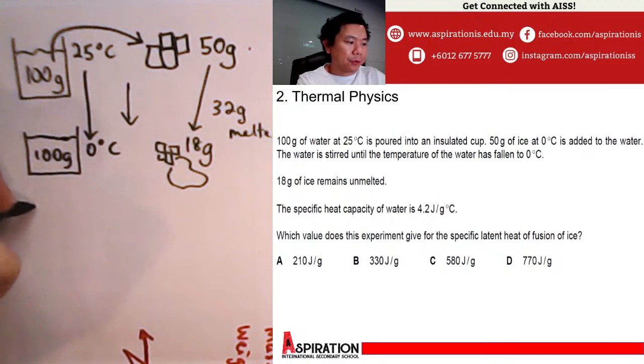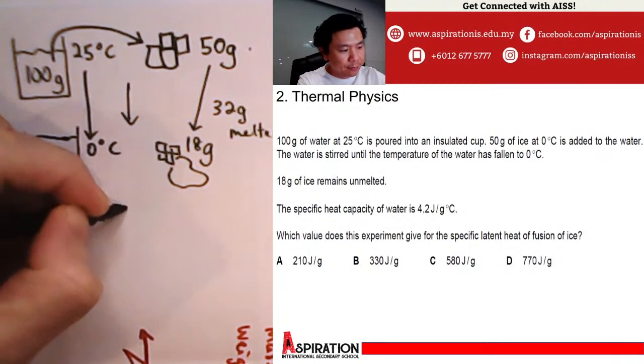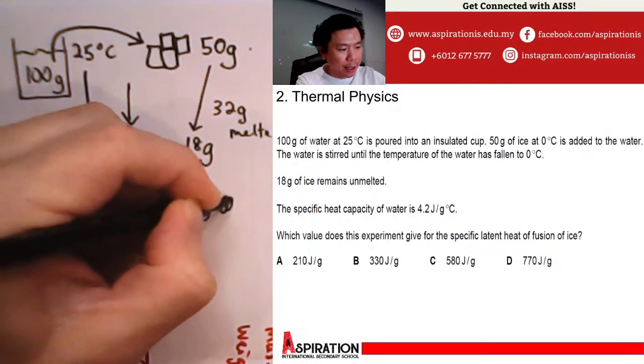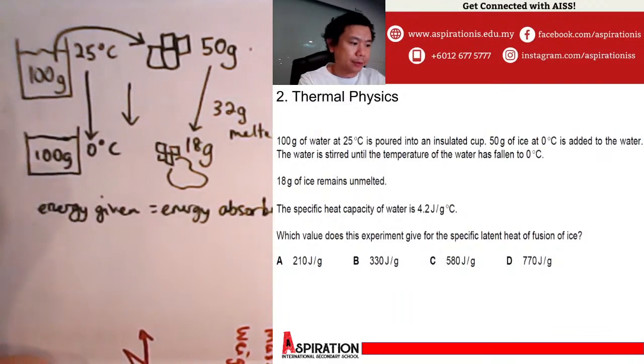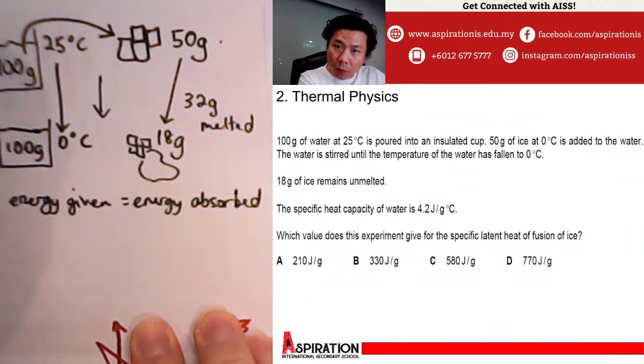So now we are going to use the equation energy given equals energy absorbed. All right. So energy that is given out by the water. So the water, the temperature changes.